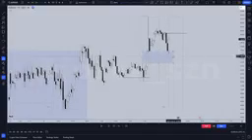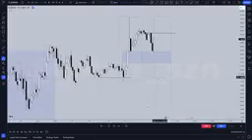And also in the protocol, I told you if we anticipate a London continuation, we try to get into a trade pretty much in the first hour of the session, right? So we can technically get into a trade right after the session open.